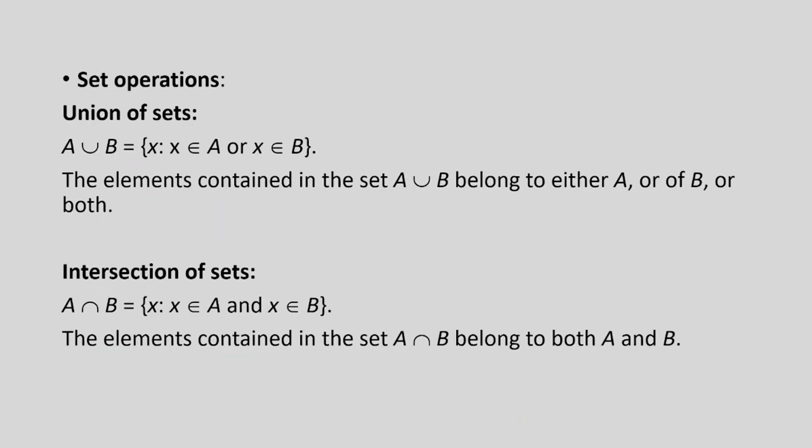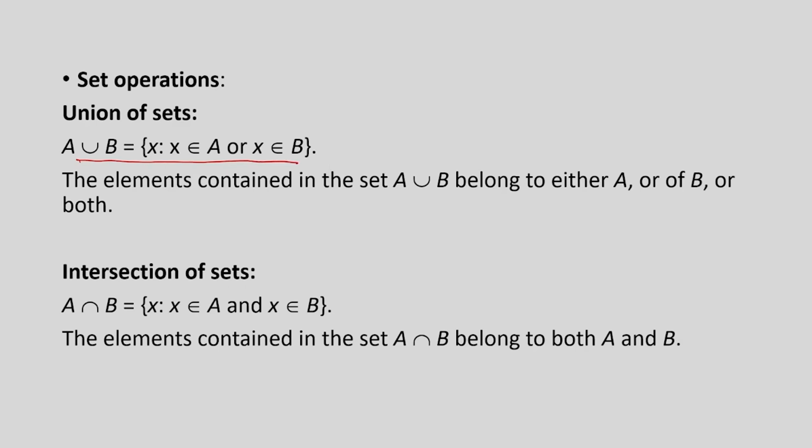Subsets over. Now, we come to another very important part of set theory, which is called the set operations. So, we start with what is known as union of sets. So, you have two sets A and B. A union B is another set, and what is this set? I have written that on the right hand side.